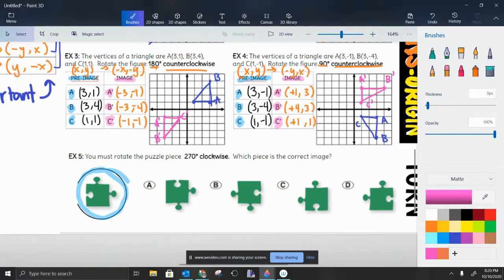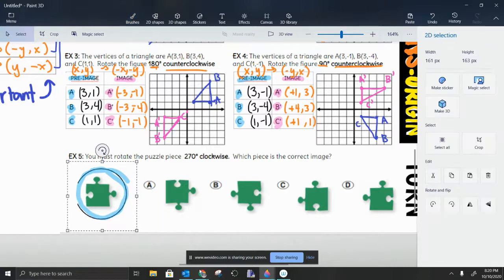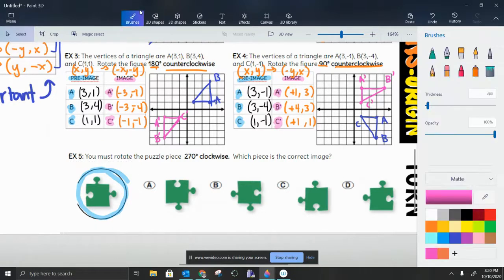But basically, what we're doing is we're trying to figure out which of these multiple choice options represents a 270 degrees clockwise rotation. So I know that for a 270 degrees clockwise rotation, I'm rotating almost a full circle. I know that because that would represent 3 quadrants, right? So I'm rotating almost in a full circle.